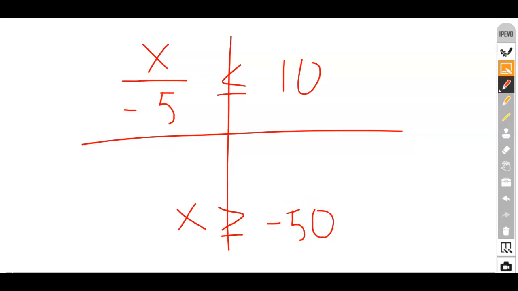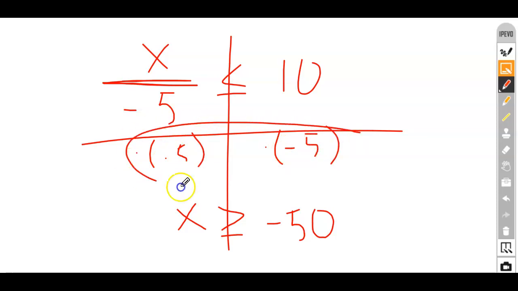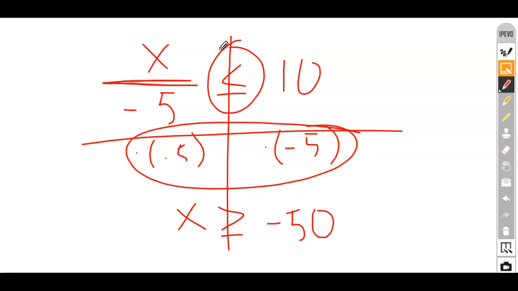Very good. Because we are getting rid of this division by multiplying -5. And when I multiply or divide by a negative, my symbol flipped, didn't it?